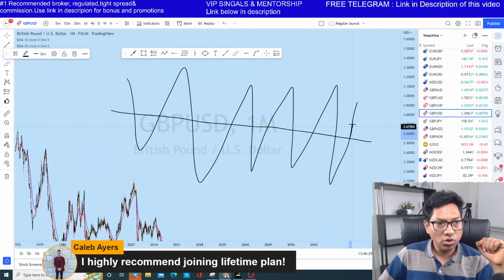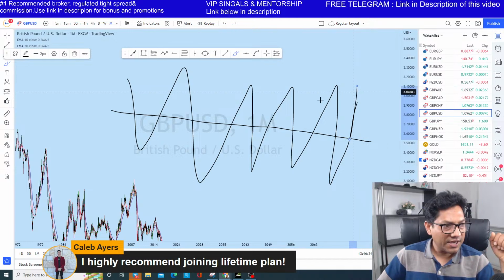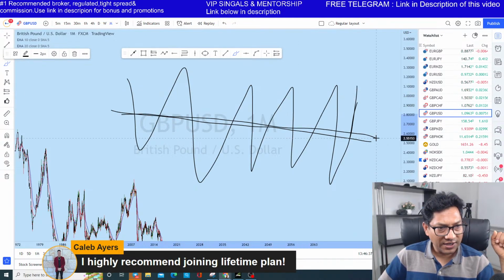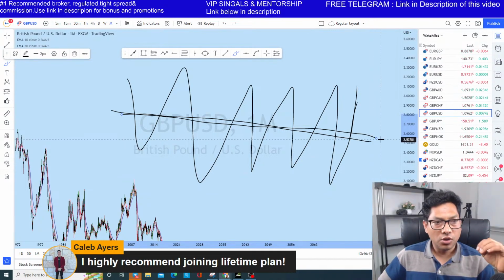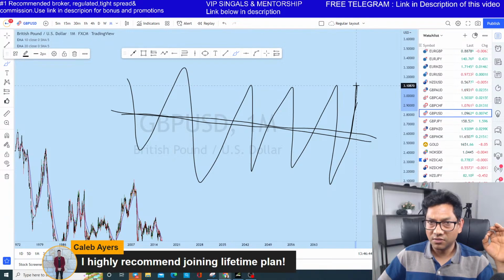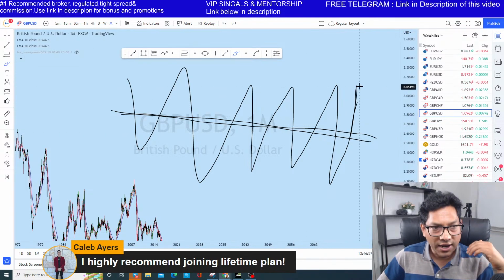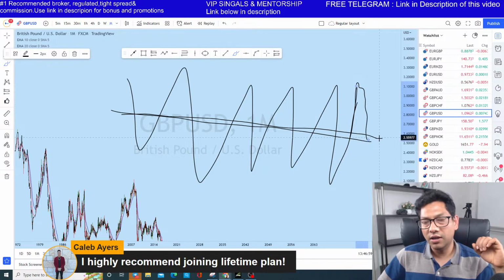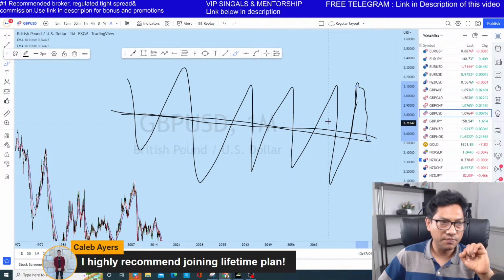So when the price goes far from this average line, it acts like a magnet. When the price is too far from this average, the price craves to come back near the average. It attracts, like the law of attraction.